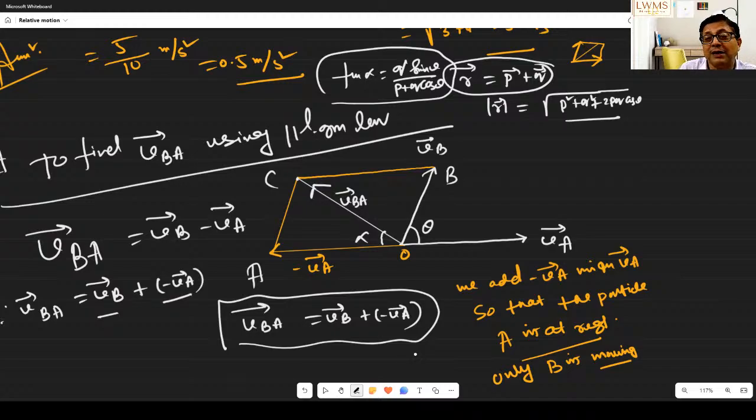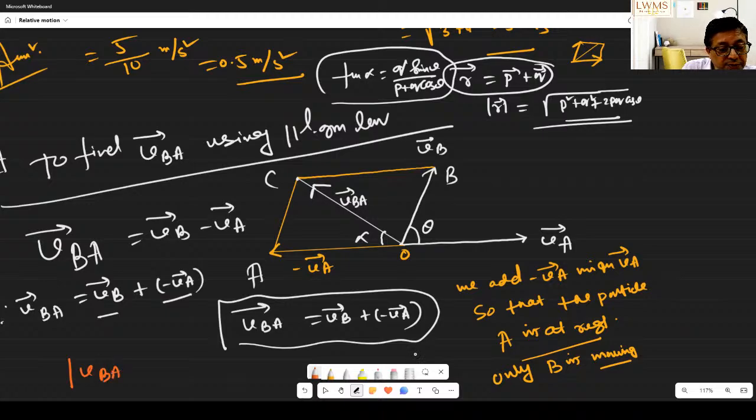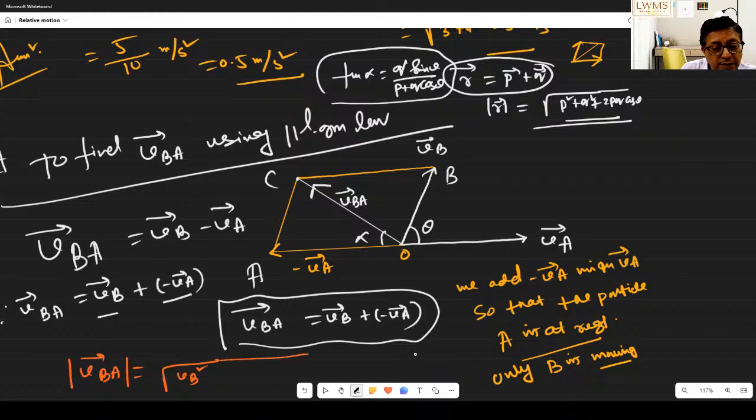By the resultant formula only. Mod VBA equals the square root of VB square plus VA square plus 2 VA VB cos theta. Clear? Just substitute in this formula, then you will get it.